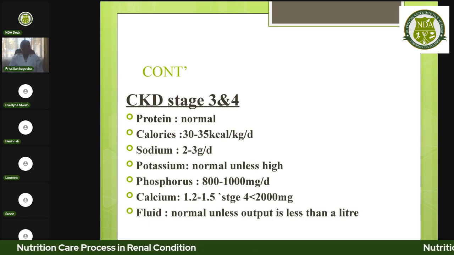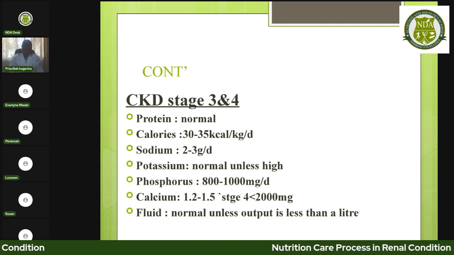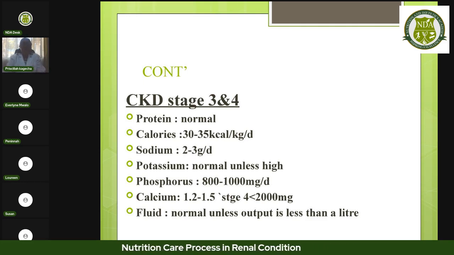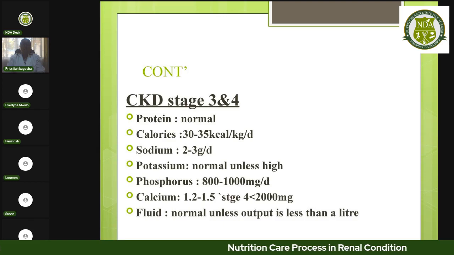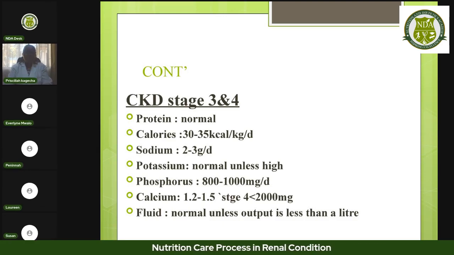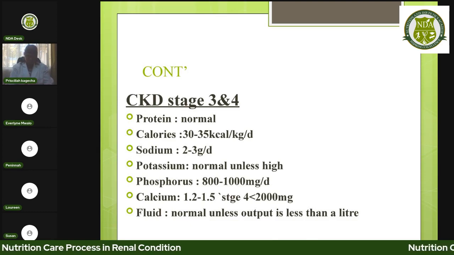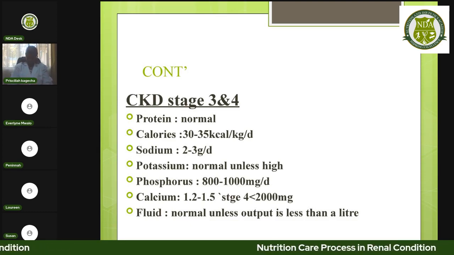Phosphorus, about 800 to 1000 milligrams per day. For calcium, you want to give about 1.2 to 1.5 grams in stage 3, but in stage 4, you want to give more, about 2000 milligrams. Fluid, you give normal unless the output is less than a liter.